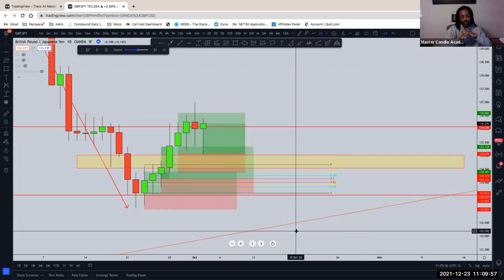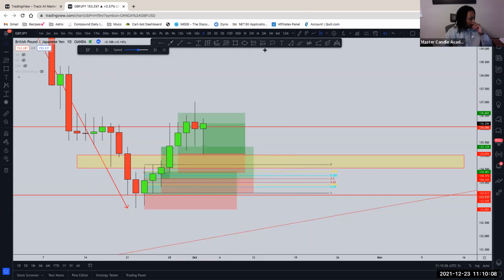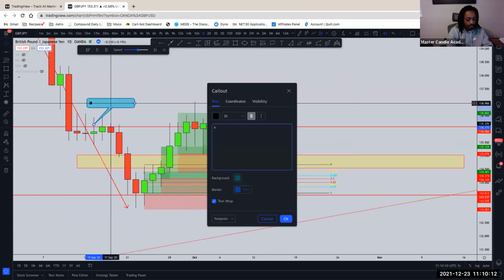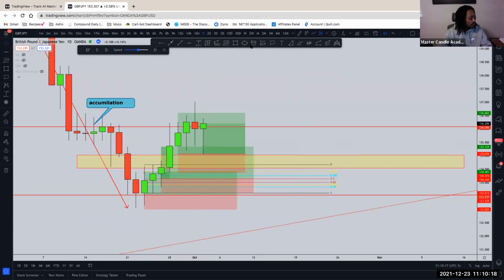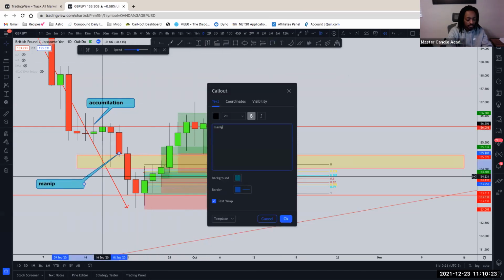What were the 3 phases? And can you see them? Right? Accumulation. Manipulation.